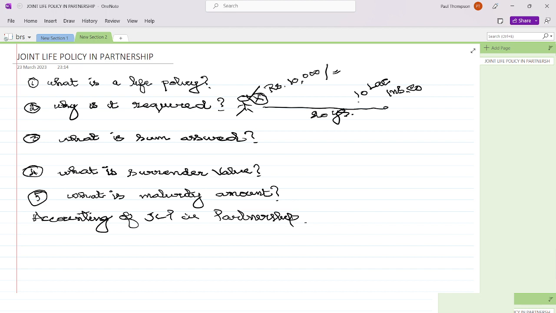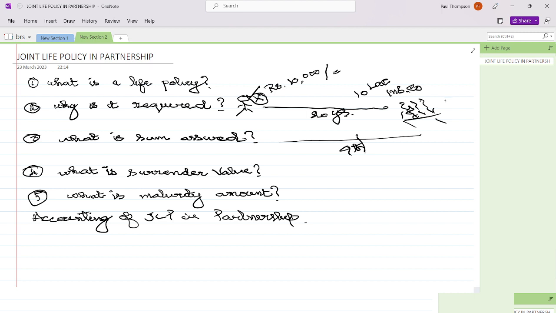Clear? So in case, before the completion of the tenure, this fellow dies, let us say in the 9th year, he is cremated here.